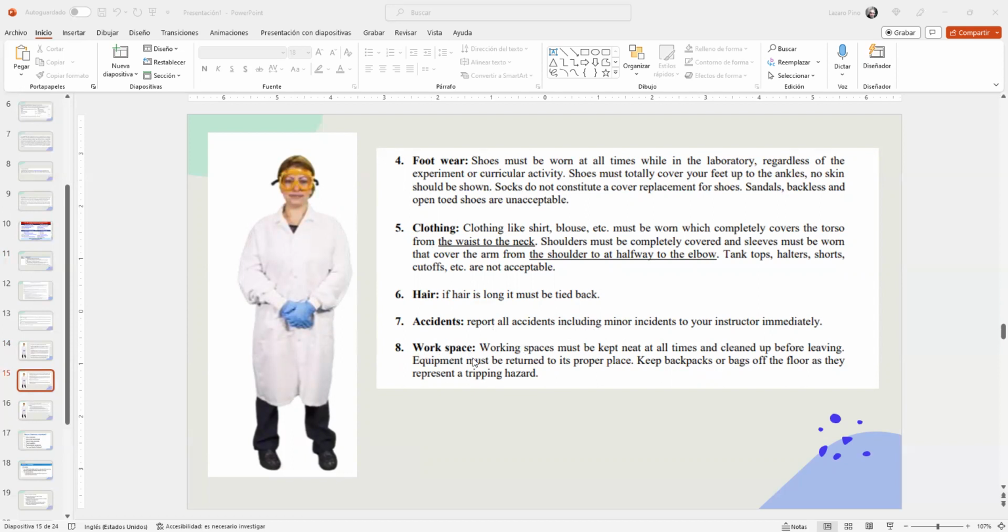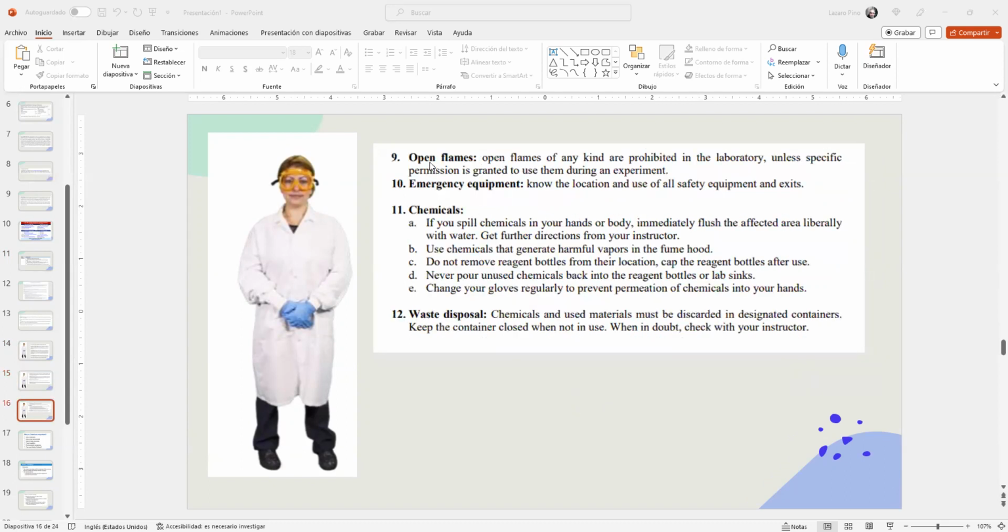The workspace is supposed to be clean. You need to leave everything clean after you finish, and you must return the equipment to the proper place, and be careful with open flames.